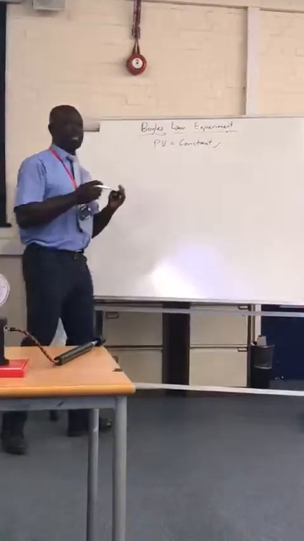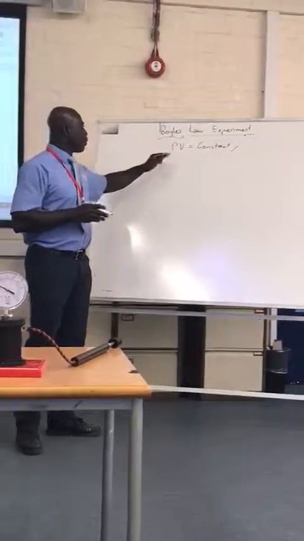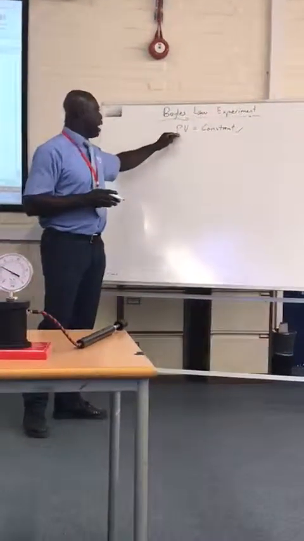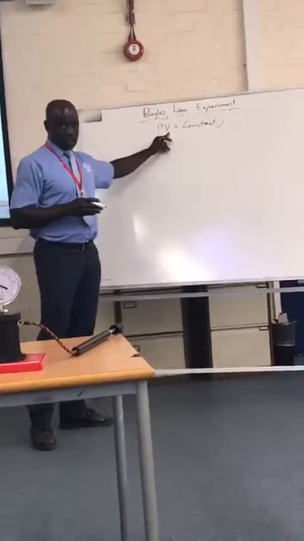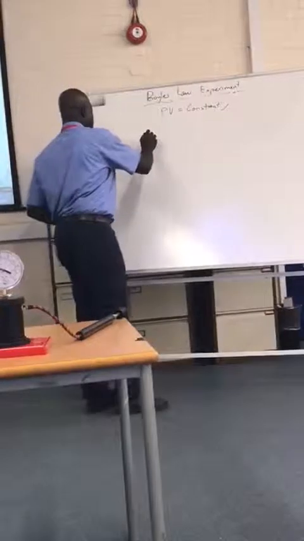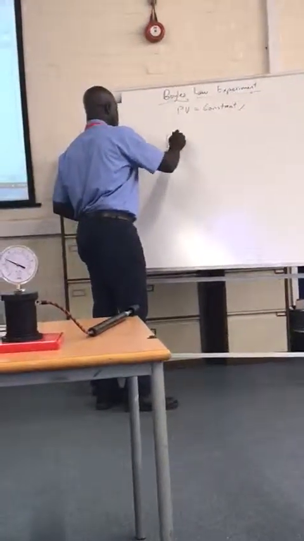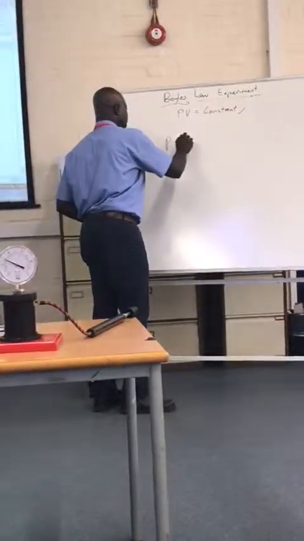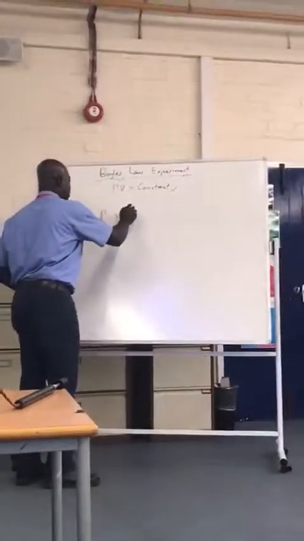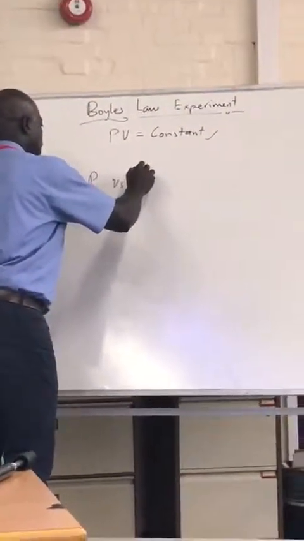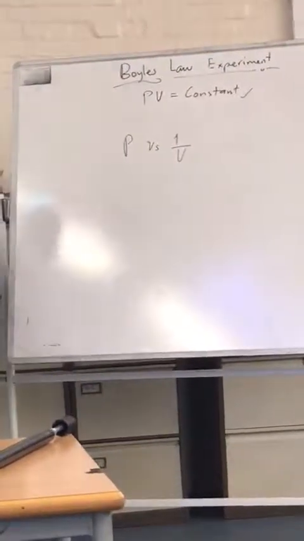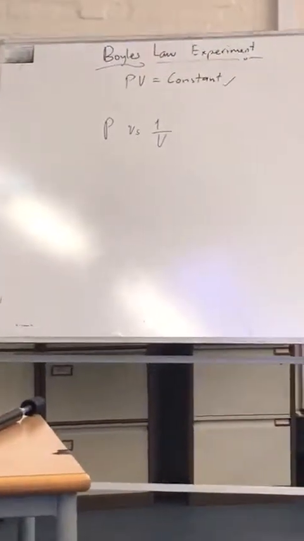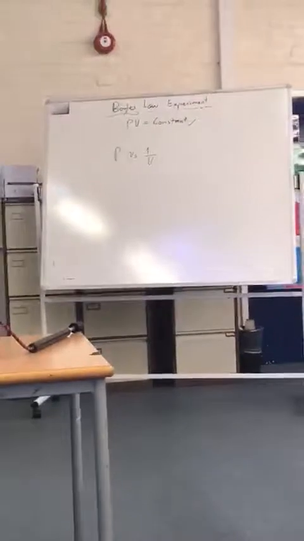So it tells us that if you have a fixed mass of gas, then the product of the pressure and the volume remains what? Constant. Now let's look at pressure versus the reciprocal of volume, or pressure versus the inverse of volume.